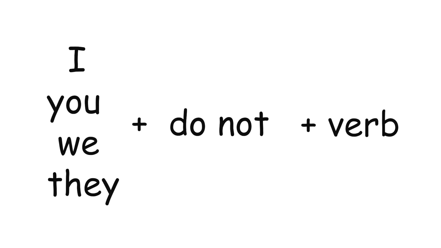If we look at the example, you do not love snow, you can see that we added two words to the sentence, do and not. If we are using the words I, you, they, or we, then we use the phrase do not before the verb. To make a sentence negative, we add the words do and not together between our pronoun and our verb.